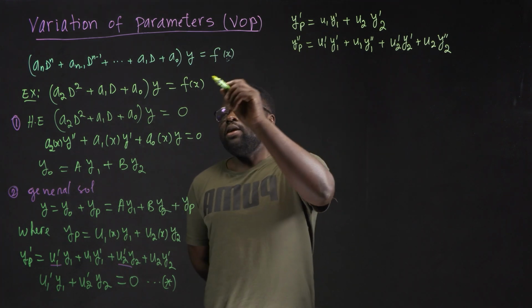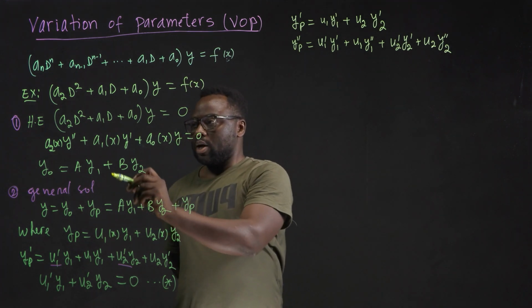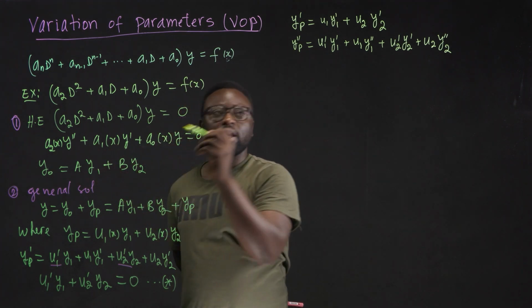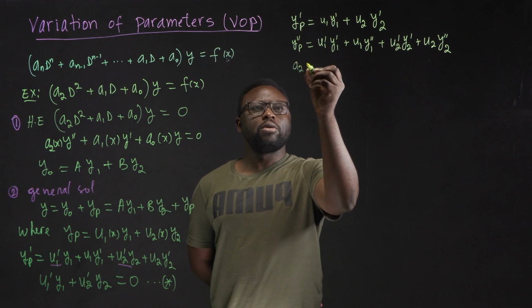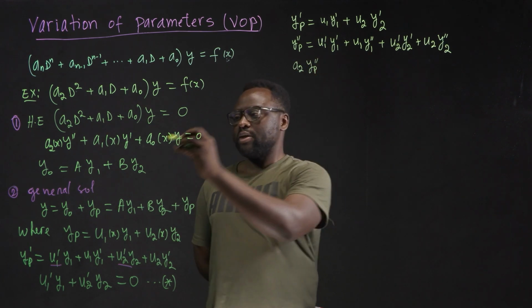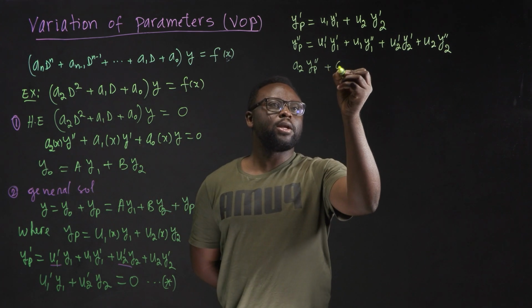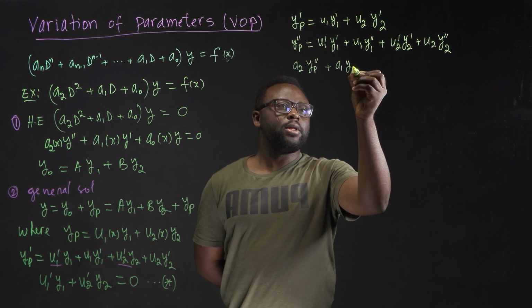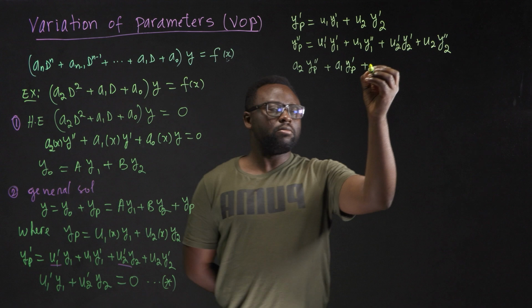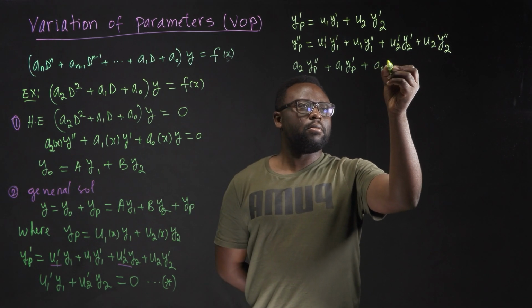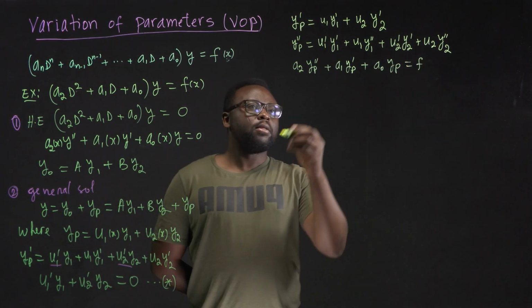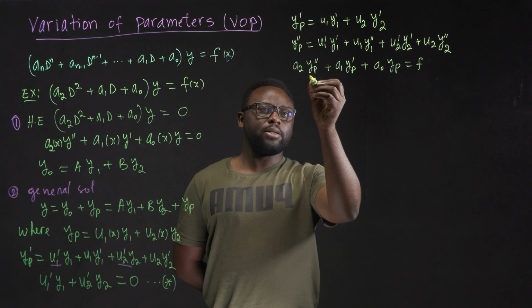Then yp, if we substitute in the general equation, our general equation is given here. We have a2 yp second derivative, okay? This second derivative plus a1 yp prime plus, now we know yp prime and yp second derivative.